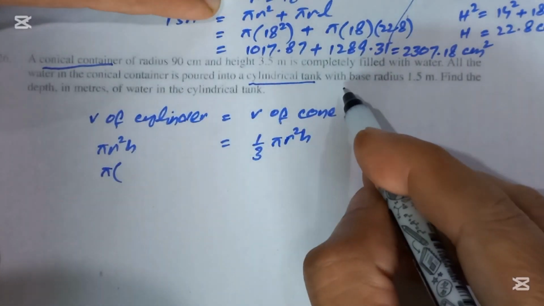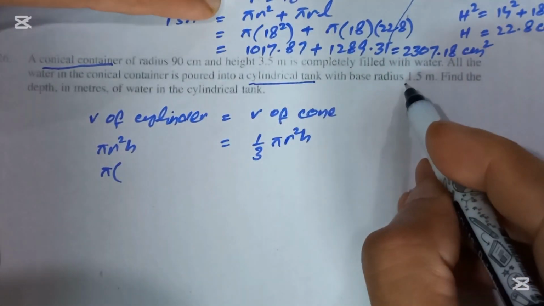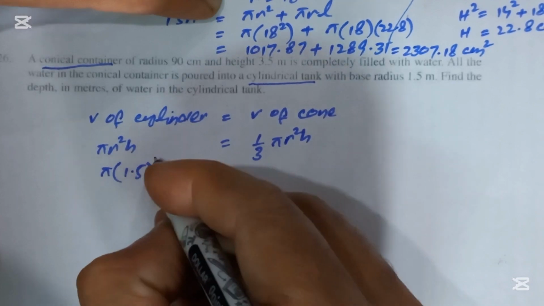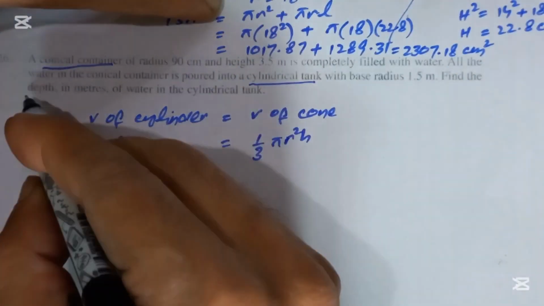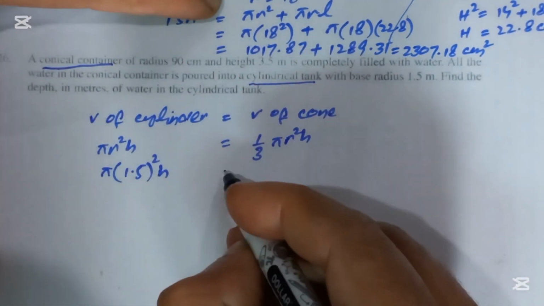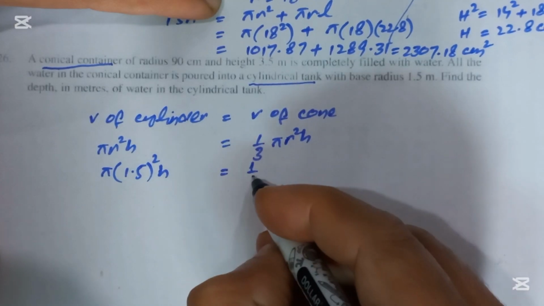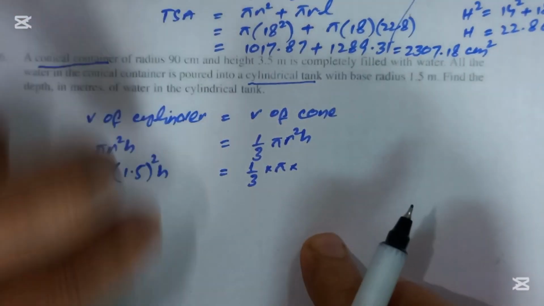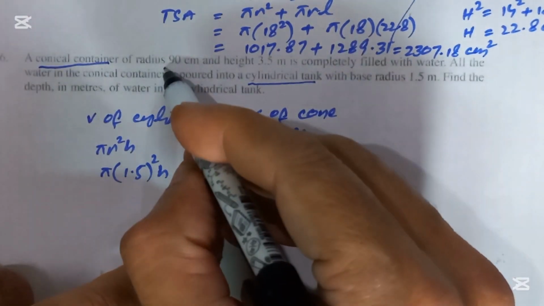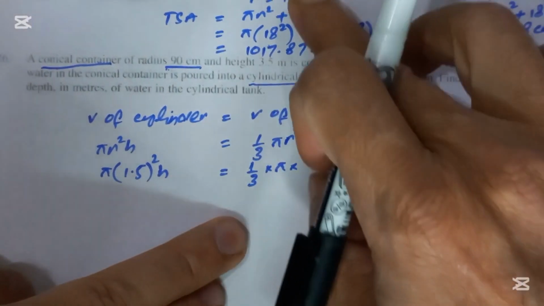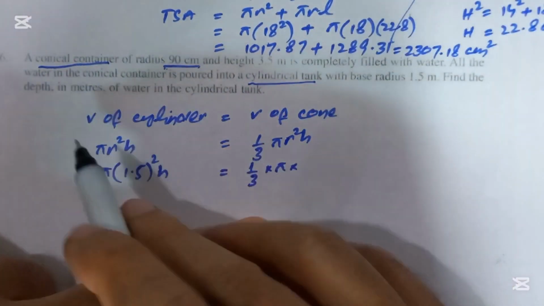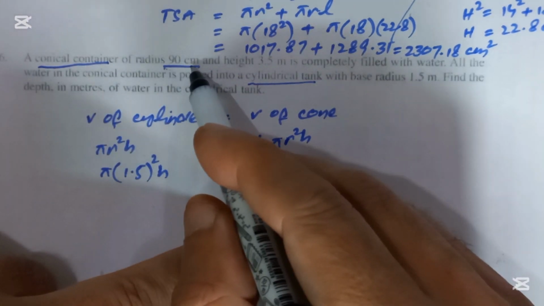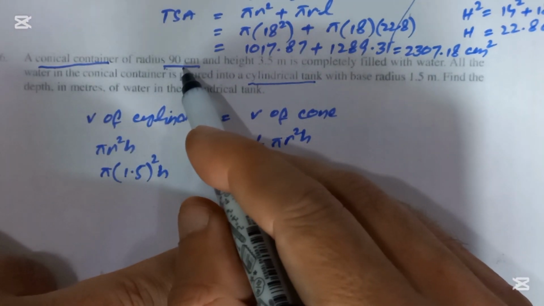Radius of the cylinder is 1.5, so this will be 1.5 square, and depth is missing, that is h is missing. On the right side is cone. Now put the values in the cone's formula. Radius of the cone is given 90 centimeter, because the unit required is meter, so this will be divided by 100 to convert it into meters.